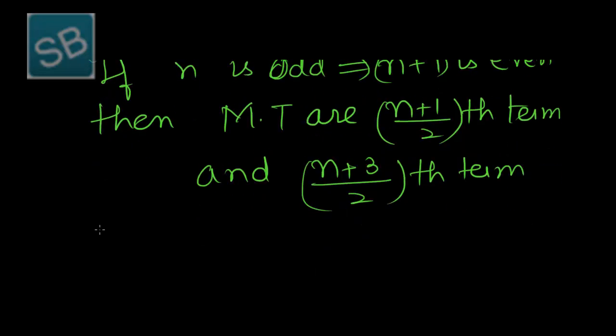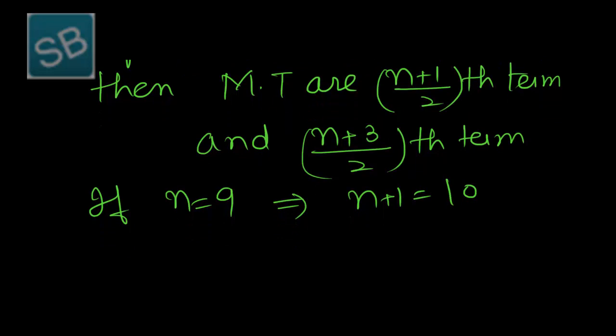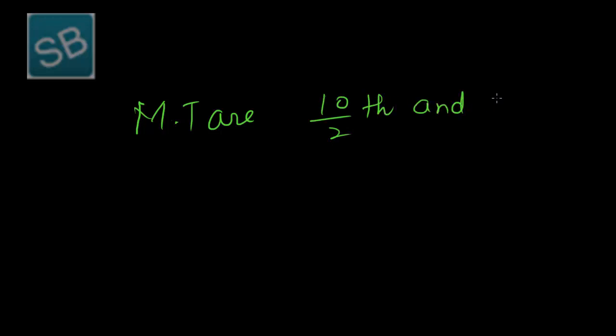That is, if we have n is equal to 9, that implies n + 1 is equal to 10, then the middle terms are (n+1)/2, that is 10/2, and (n+3)/2, that is (9+3)/2, that is 12/2 term.